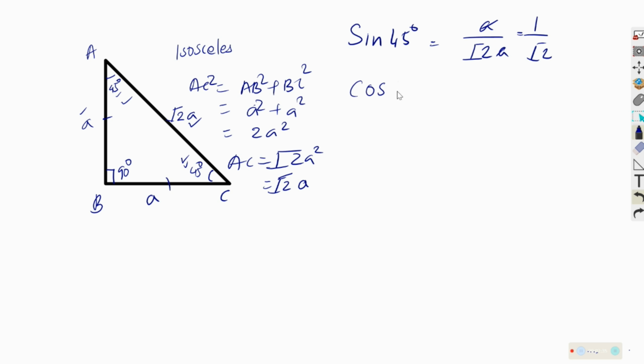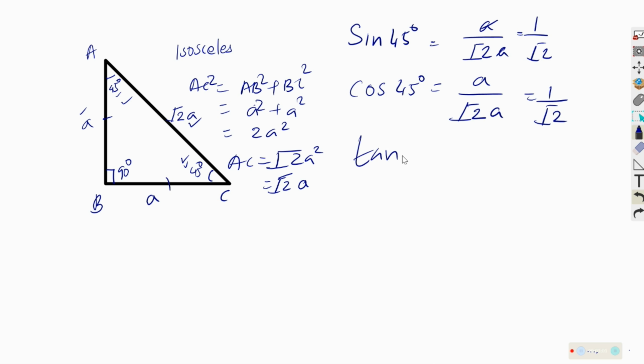Cos 45 degree, adjacent for 45 degree, again it is also A. Adjacent and opposite are A here. Hypotenuse root 2A. Answer is 1 upon root 2. That means sine 45 and cos 45 degree have the same answer.